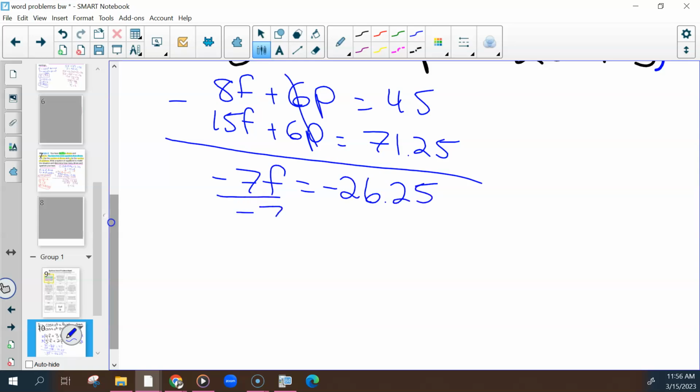And then divide both sides by negative. What is that?